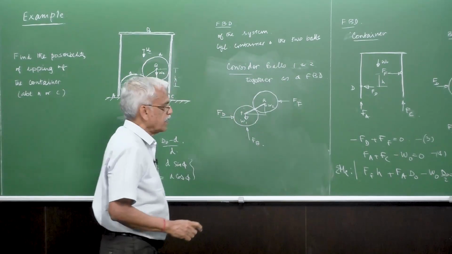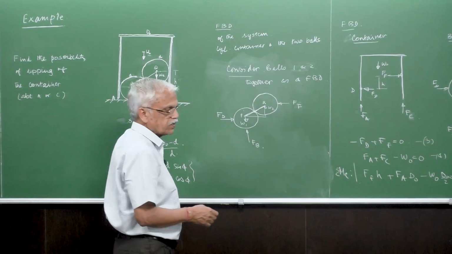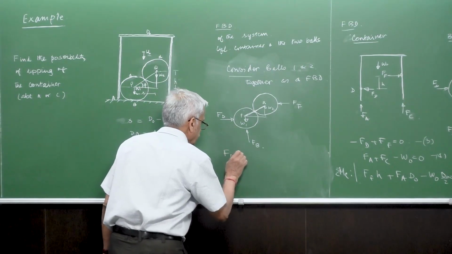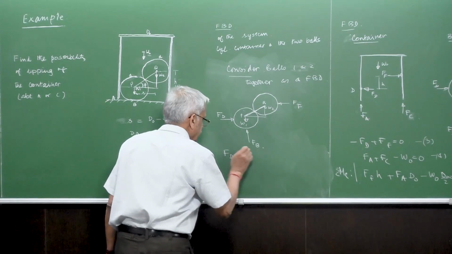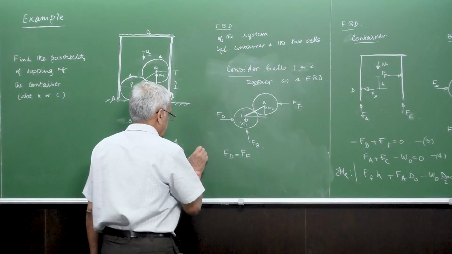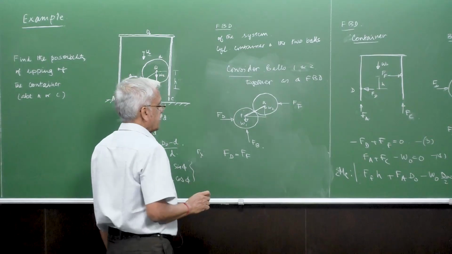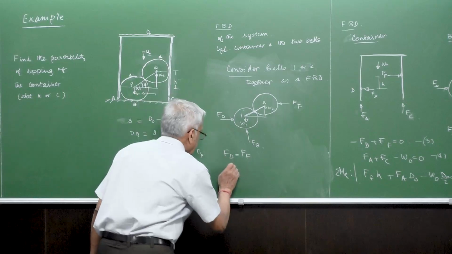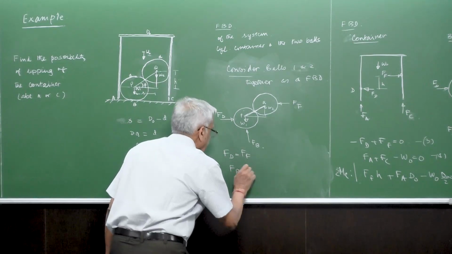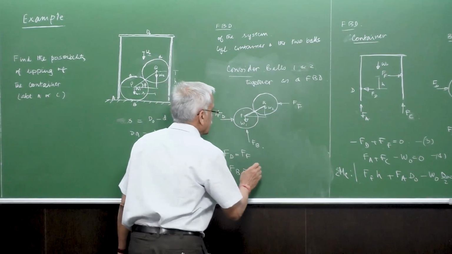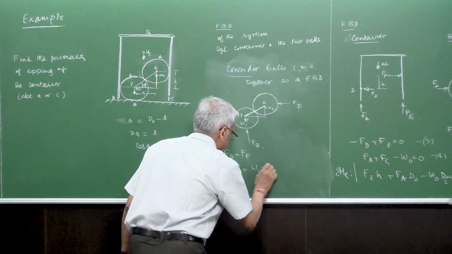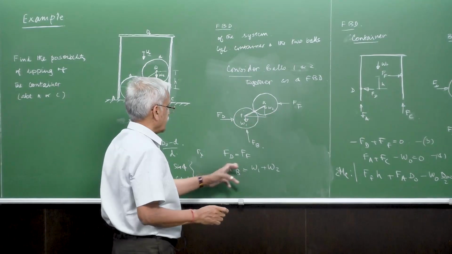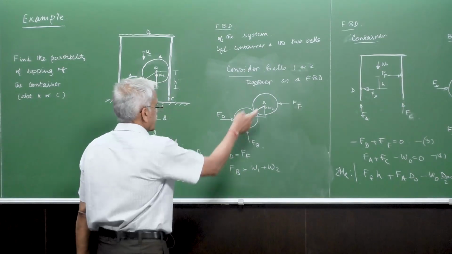Of course, it's very easy to see the horizontal equilibrium equation implies that FD is equal to FF, right? So this is horizontal. And vertical, FB is equal to W1 plus W2. And since FD and FF are the same, you can use either FF or FD.